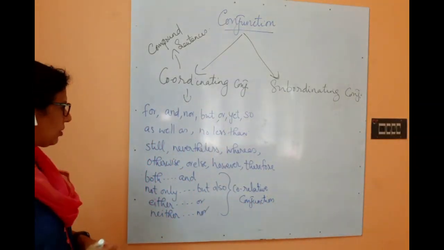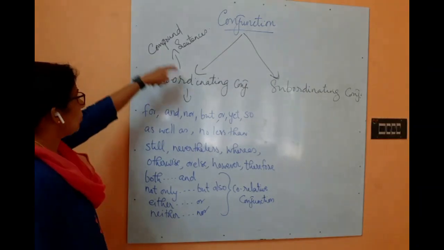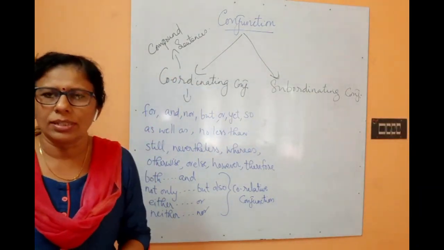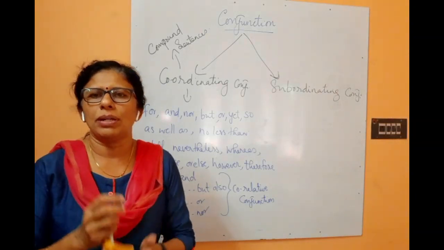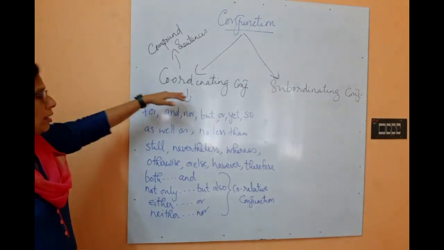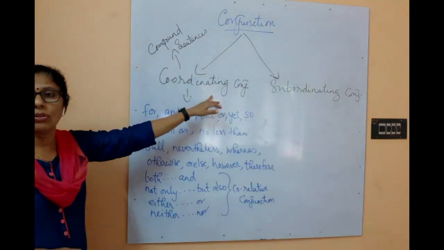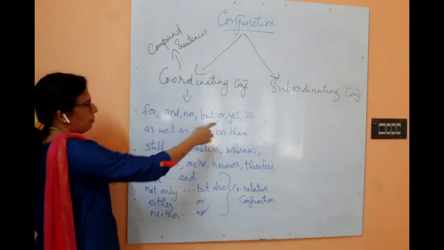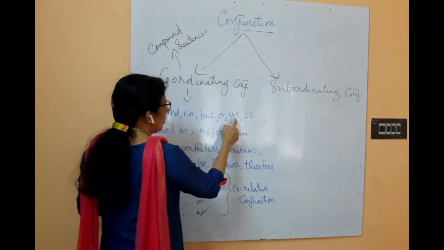Coordinating conjunctions combine sentences of equal importance, and they are used to combine sentences to form compound sentences. When we talk about coordinating conjunctions, the first set that comes to your mind is FANBOYS: for, and, nor, but, or, yet, so.